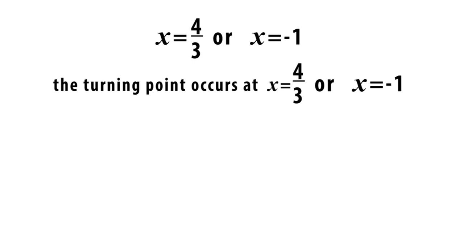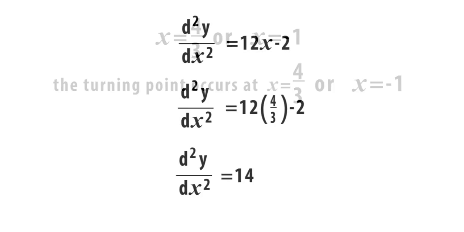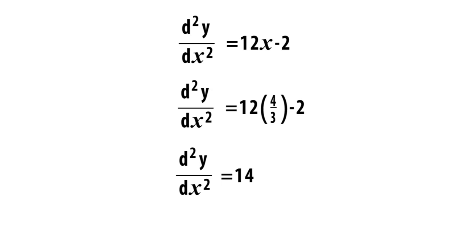Now, when we take the second derivative, we will have d squared y dx squared is equal to 12x minus 2. Then we substitute the x values into the second derivative. So when we take the x value, that is 4 divided by 3, we have d squared y dx squared is equal to 12 multiplied by 4 divided by 3 minus 2.